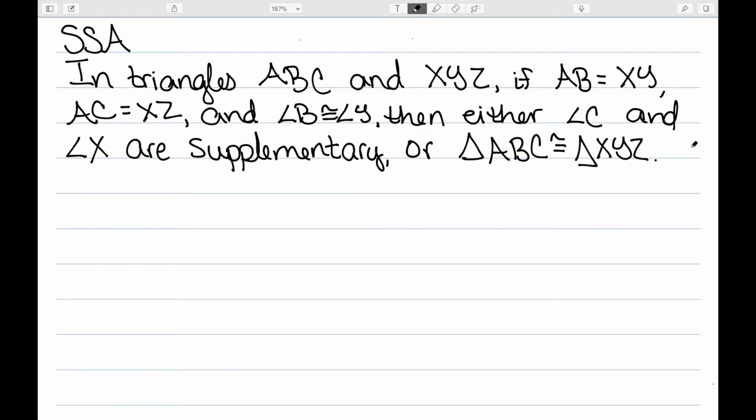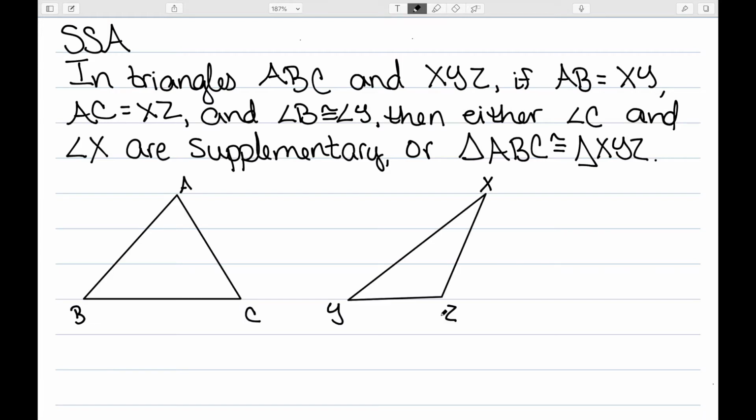SSA is not quite true. It's not quite a congruence criterion, but it's pretty close. If I have 2 triangles ABC and XYZ, and I drew these not congruent down here, and I know that AB is congruent to XY, I know that AC is congruent to XZ, and I know that angle B and angle Y are congruent, then either C, this angle here, and X are supplementary, or my triangles are congruent.